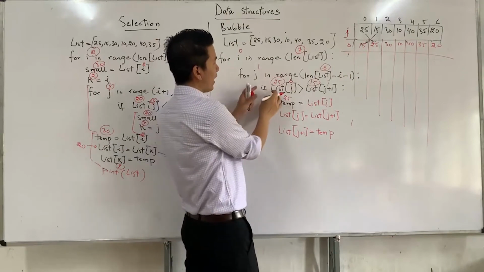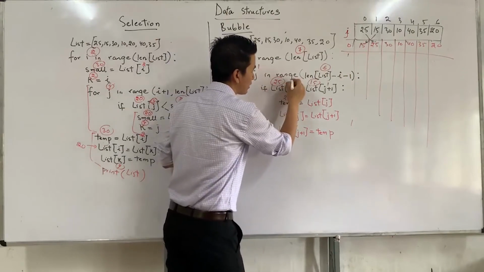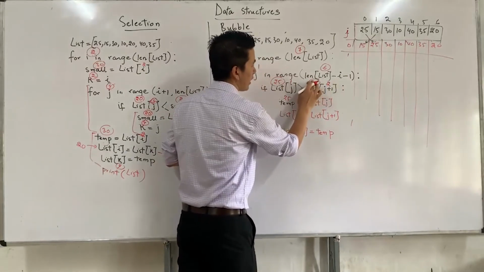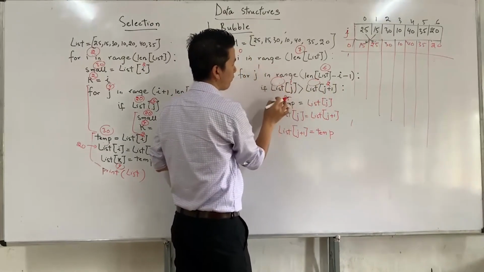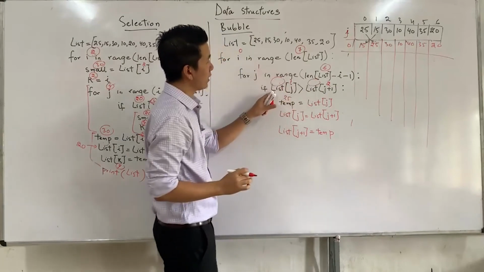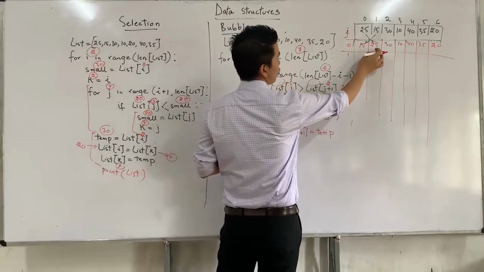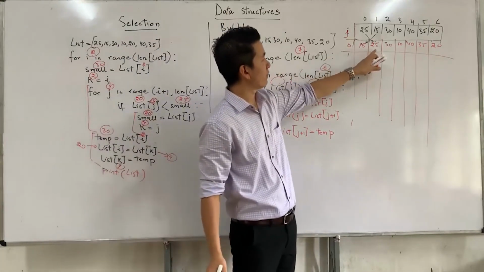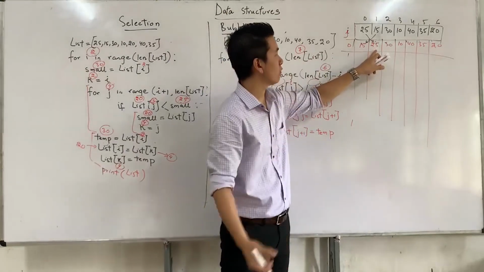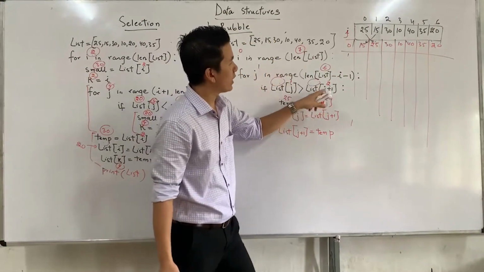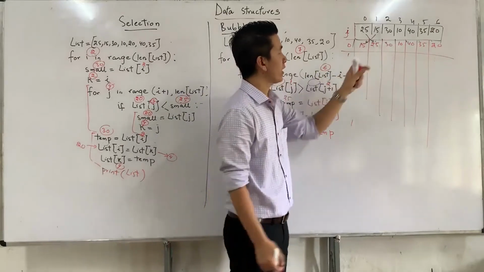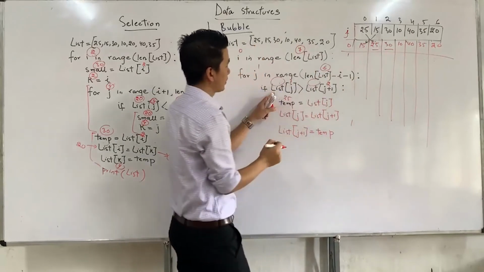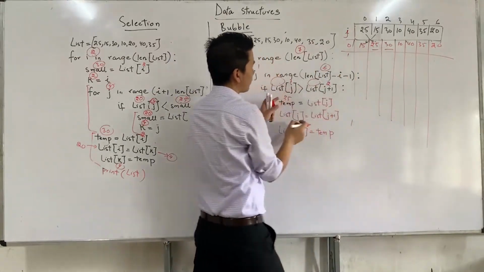So when the value of j is 1, j plus 1 is 2. The value of list of 1 is 25, and this should now be compared with the next value, list of 2, which is 30.